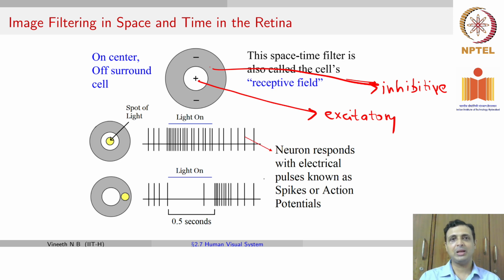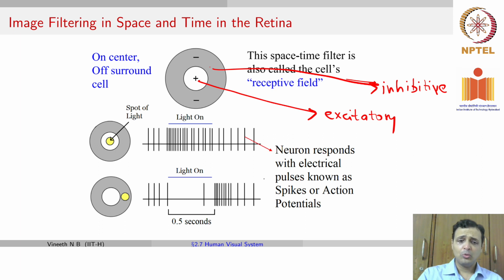One key difference between whatever we have studied so far and what we are going to talk about in the human visual system is that the human visual system does spatio-temporal filtering. It's not only spatial filters, which is largely what we've seen so far in this course, but it also does filtering over time. We'll talk about this in a bit more detail in the next few slides.